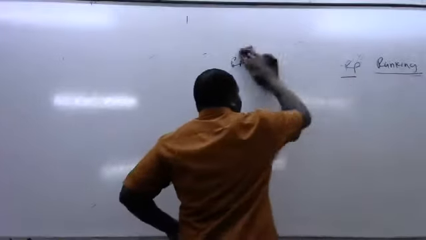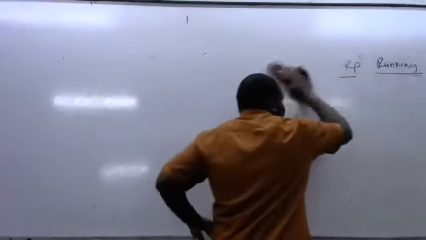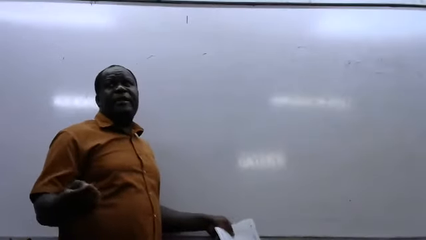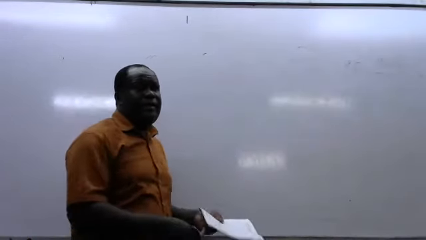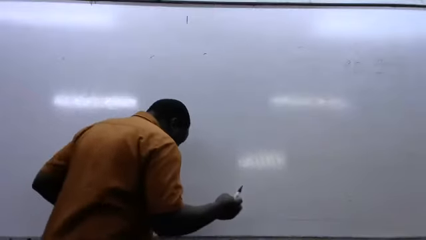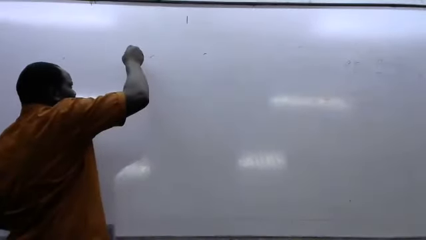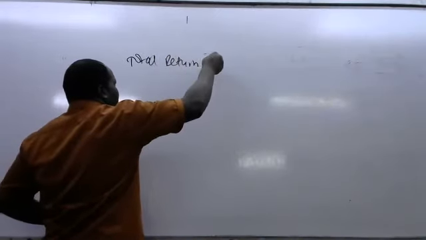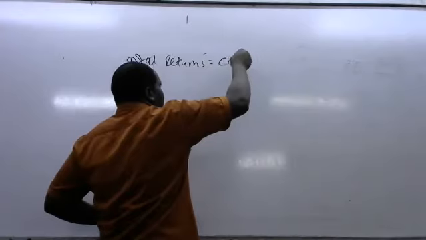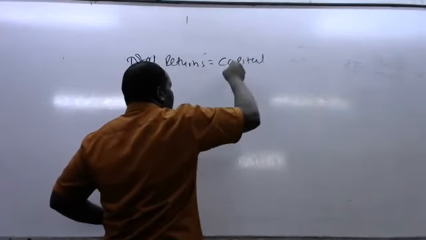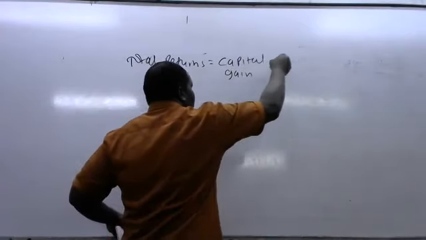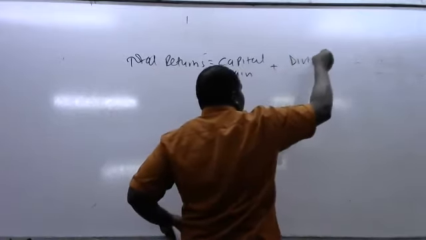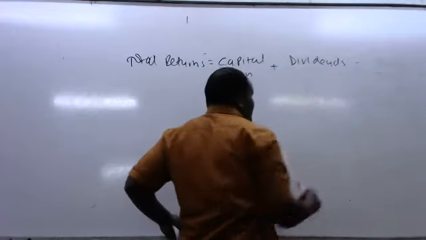To get the total return on a security, we get the capital gain plus the dividends. So total returns is given by the capital gain, then we add the dividends.